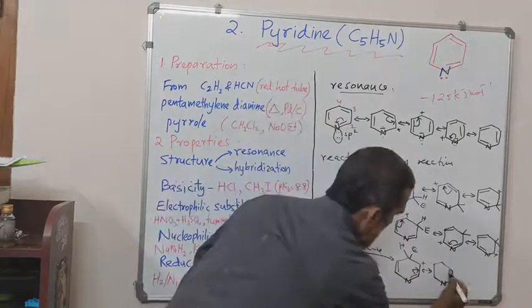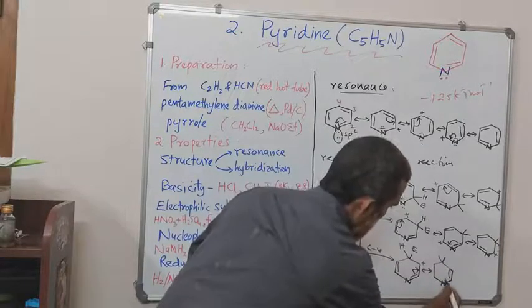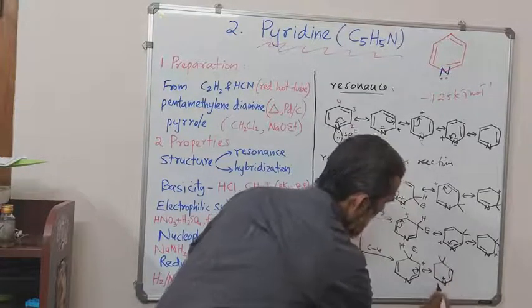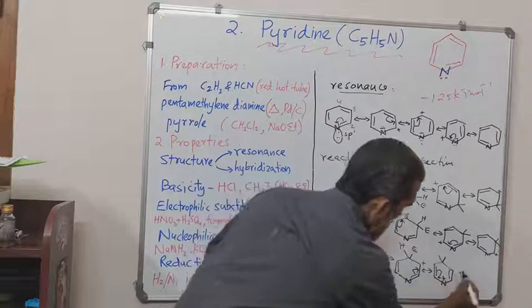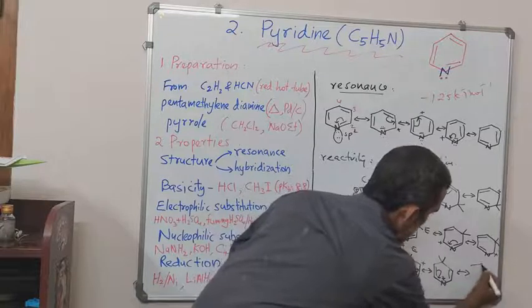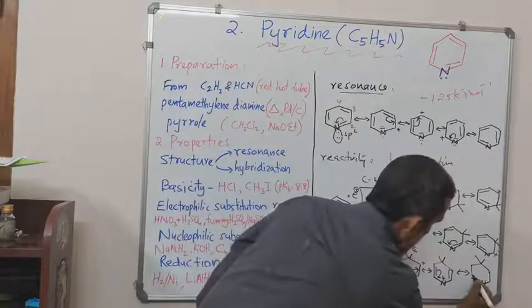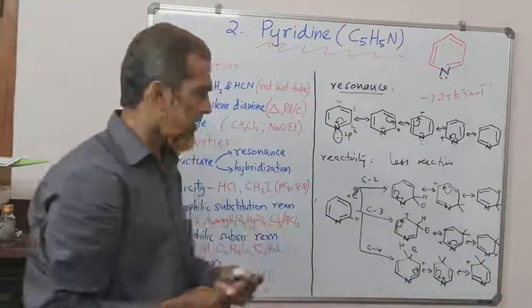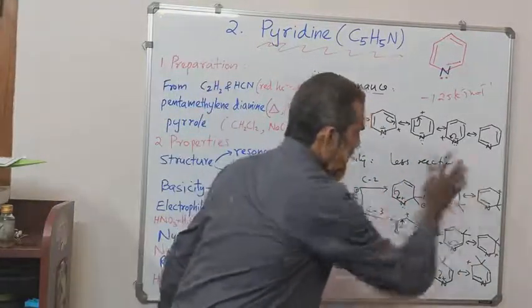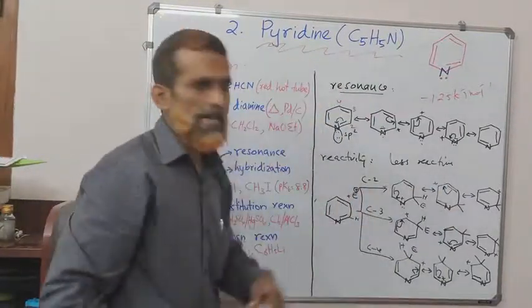Positive charge is now appearing on this nitrogen, and then this is moving, getting the third structure. So what do you get? You have it now here, and positive charge is here. So we got three structures which are resonance stabilized for each attack.